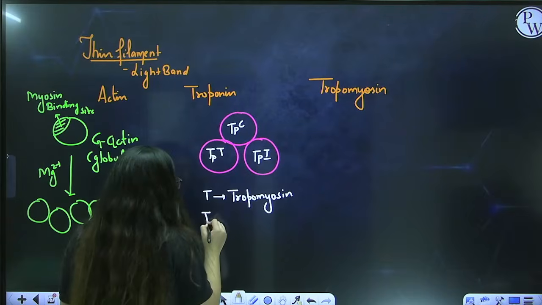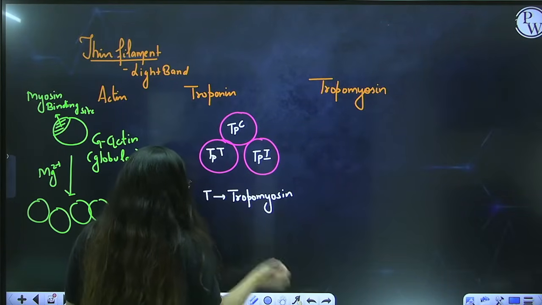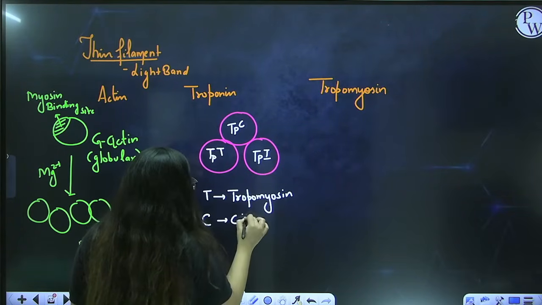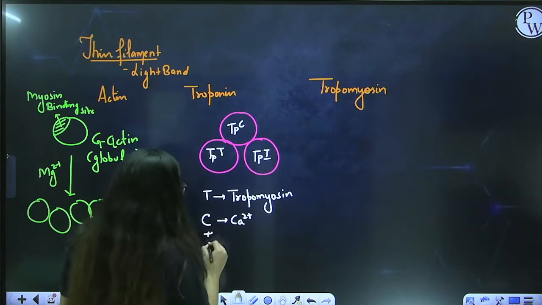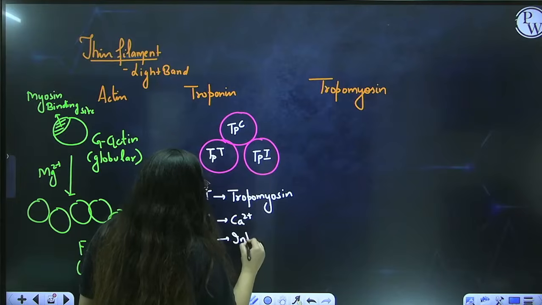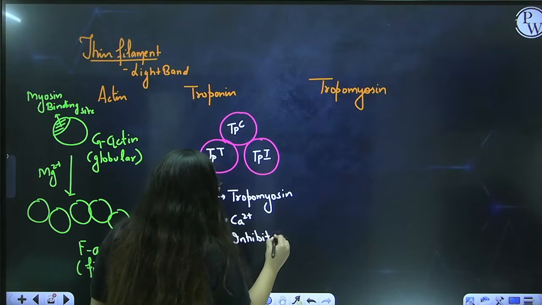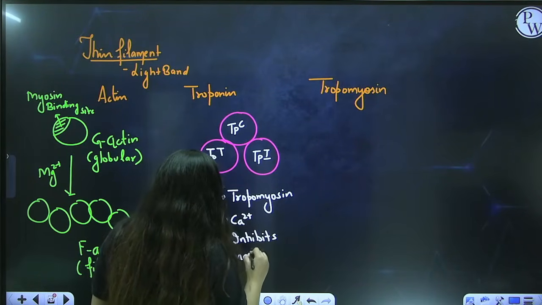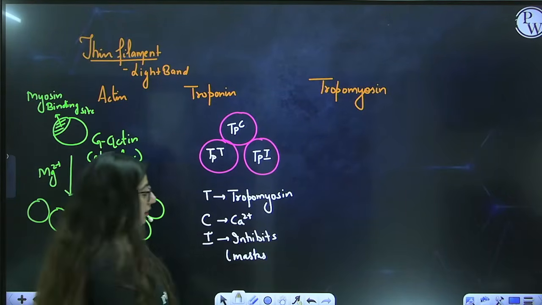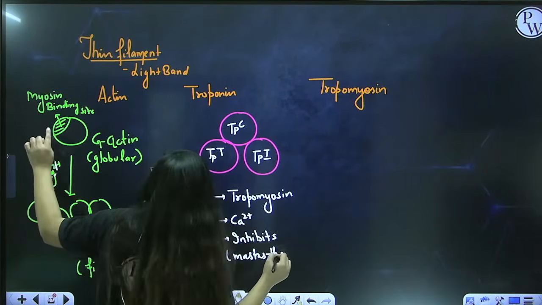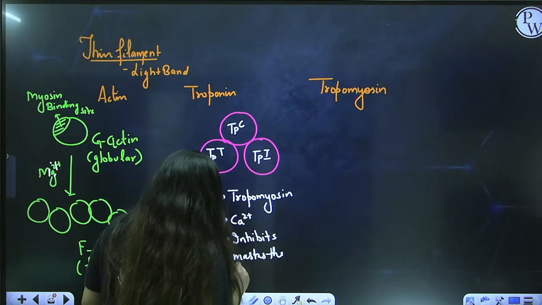Whereas in troponin C, C stands for calcium ion because it binds to calcium ions. And I is the inhibitor one because it masks, means covers, the myosin binding site on actin.